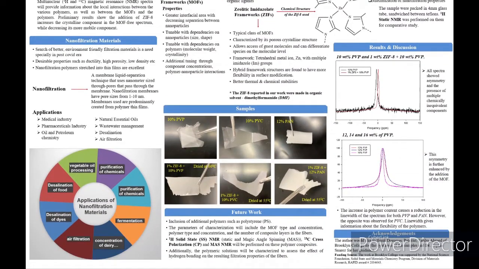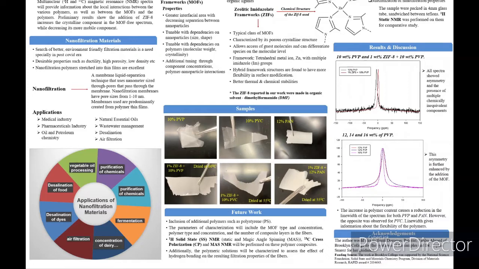So this is after the synthesis of these polymers. These are some of the pictures you can see here. For example, 10% PVC is here, and then 1% ZIF and 10% PVC. They're both the same polymers, but here we are incorporating the metal organic framework fiber, ZIF-8, as well.